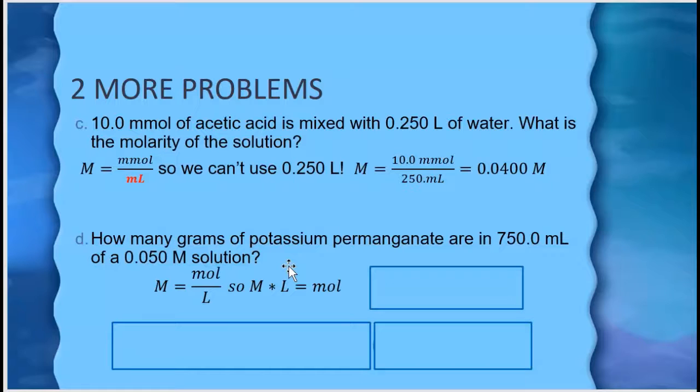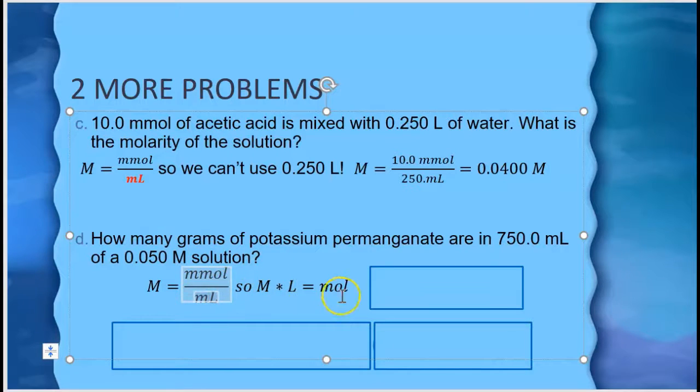Well, molarity is millimoles over milliliters in this case. Or I can do molarity times liters equals moles. And since I want to get into grams, I'm going to go ahead and do this in moles times liters so that I'm in moles and can work in grams.